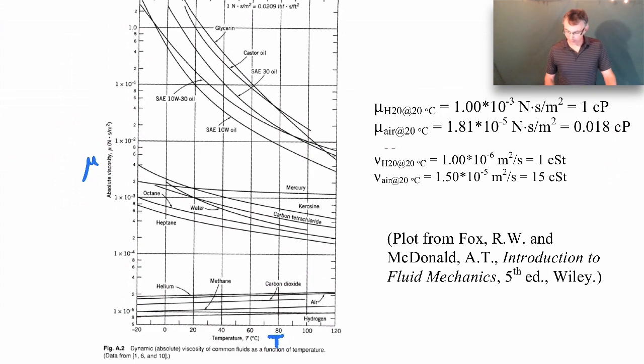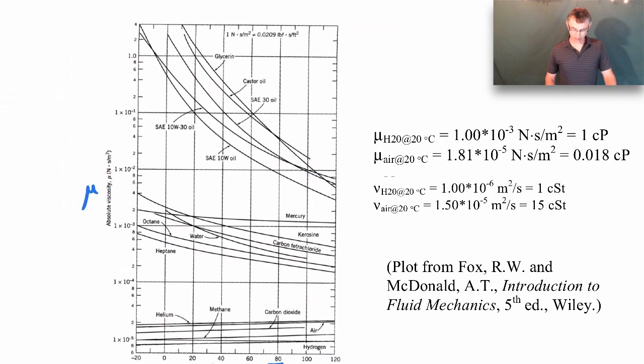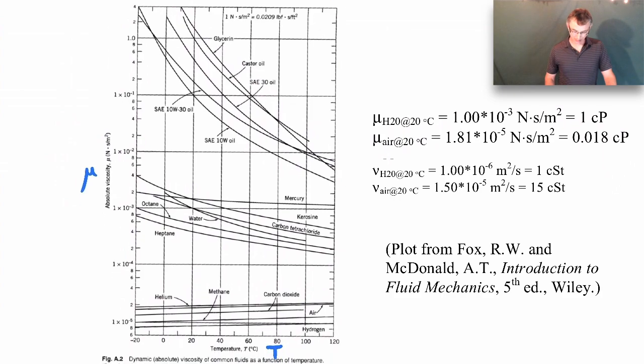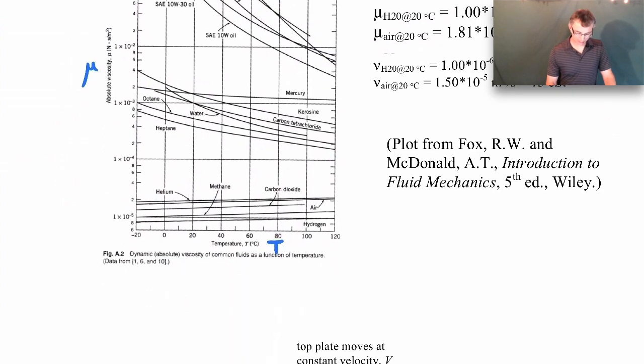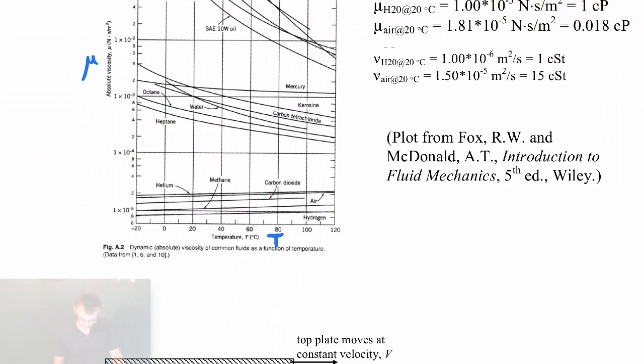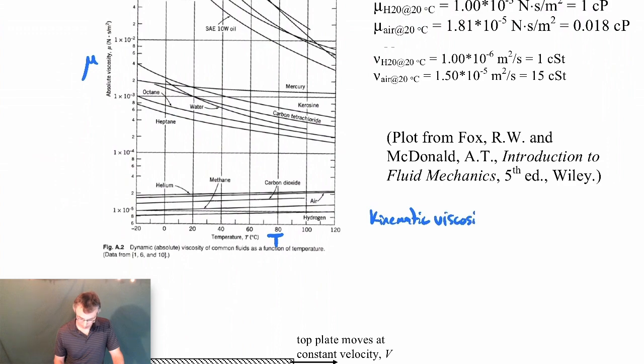Now there's another kind of viscosity. I mentioned it a little bit earlier. There's another kind of viscosity that we deal with, and it's called the kinematic viscosity. We'll give it the symbol nu, and it has dimensions of length squared over time. So the typical units would be square meters per second or square feet per second.